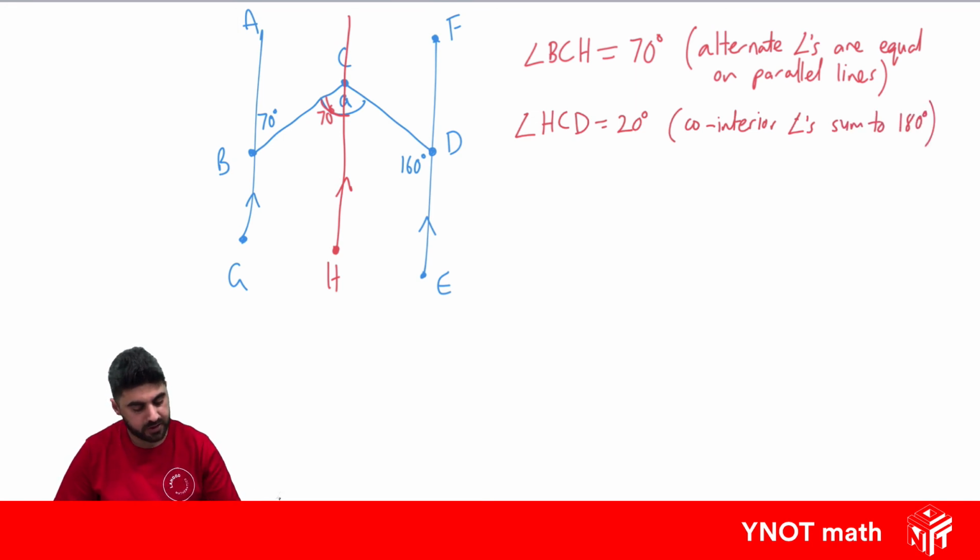So if the other one's 160, the other one has to be 20. And now we definitely know the value of A because we can just add those together. So A equals 70 plus 20, which is 90 degrees.